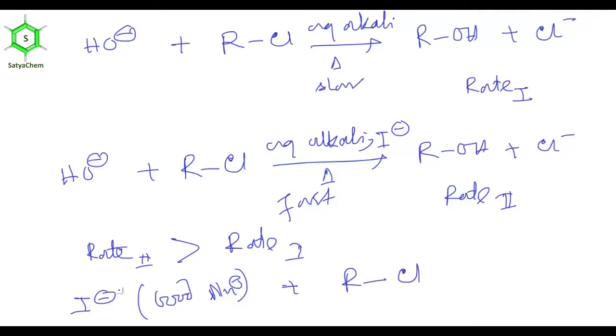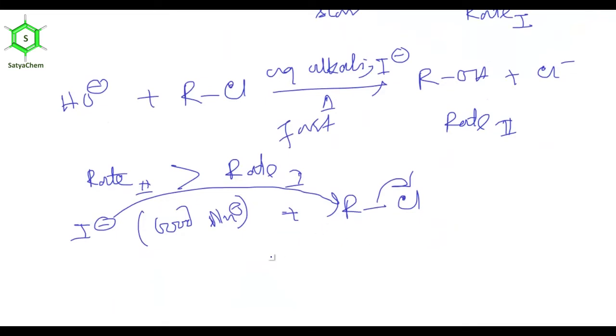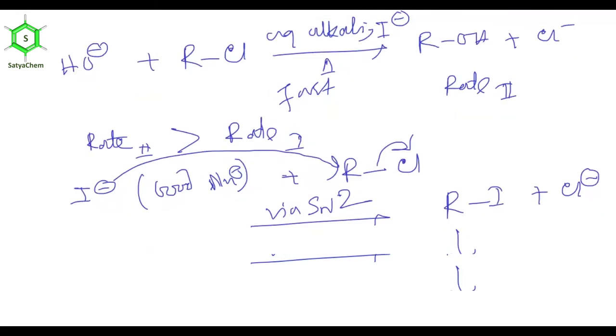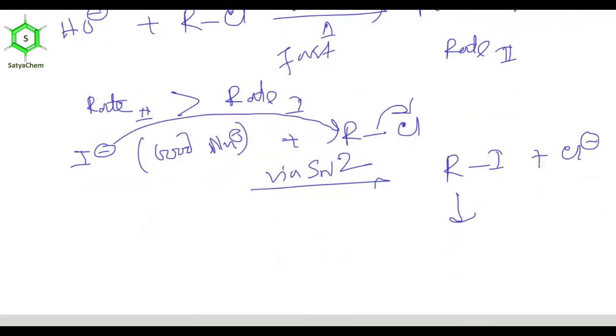As I minus is a good nucleophile, this reaction occurs at a faster rate. Reaction proceeds by SN2 to give RI plus Cl minus, and here also this C-I bond is very weak among all the halides. Clear? And I minus is also a very good leaving group.